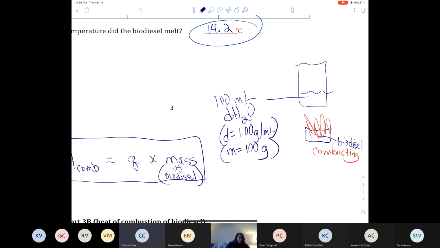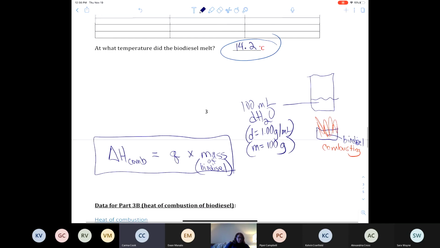So we learned about the law of conservation when we looked at the power plant schematic in lecture. The energy is not going to be destroyed from this biodiesel. It's going to be transferred where? To the water in the can. So the water in the can is going to be absorbing the heat released by the combustion of the biodiesel.